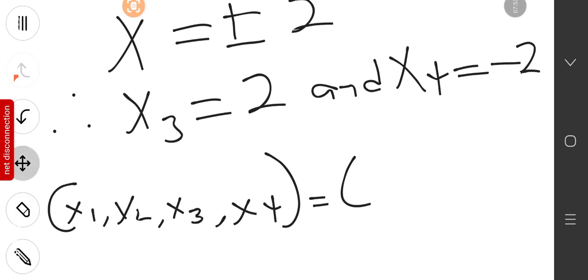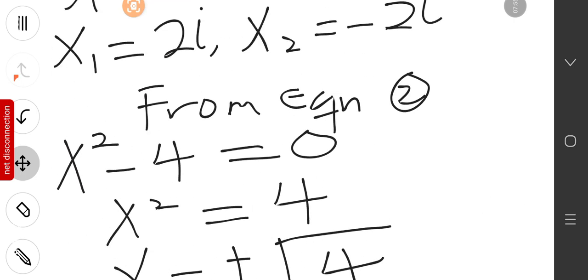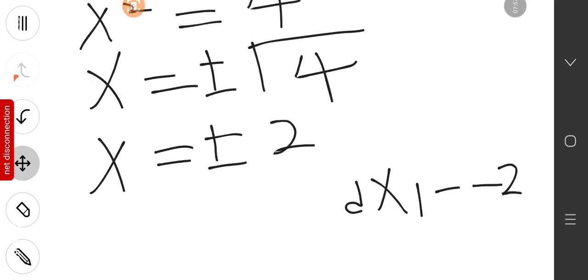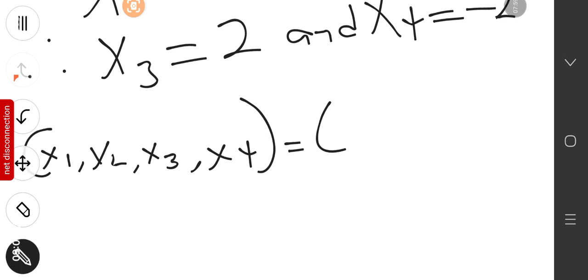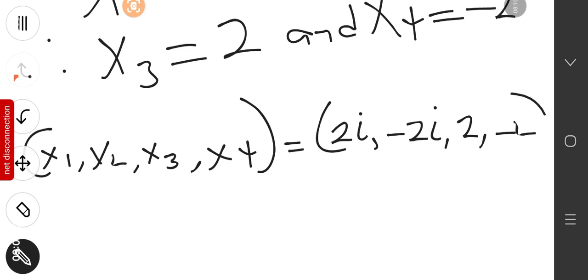We know x1 is 2i, x2 is minus 2i, x3 is 2, and x4 is minus 2. All right, so this is what we get as our final answer.